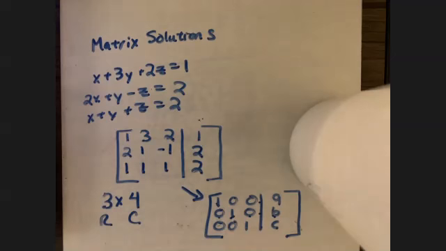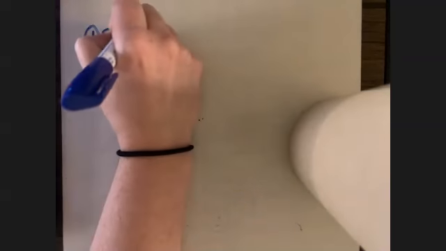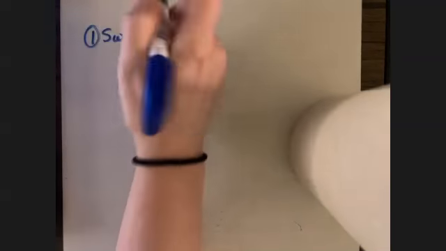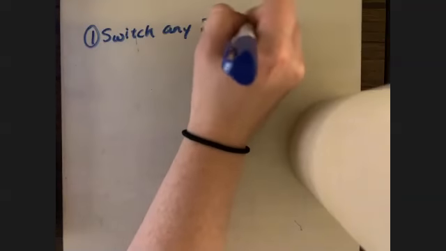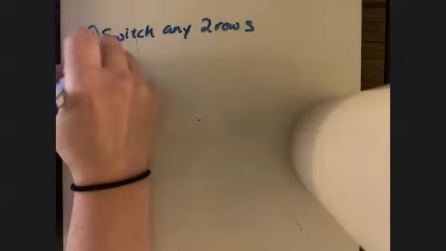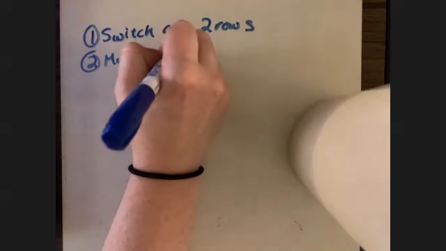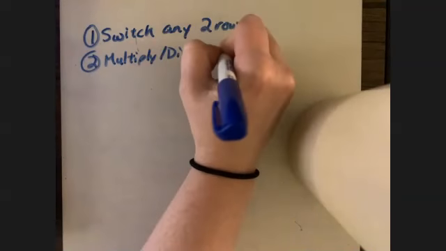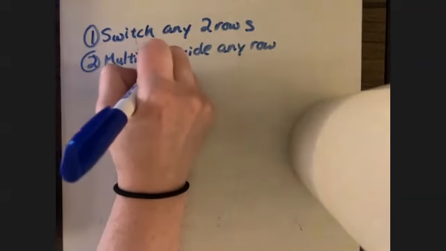Well, what we do is there are 3 things that you are allowed to do within a matrix. So first option is you can switch any 2 rows. Okay, so any 2 rows that you want to switch. Second one is you can multiply or divide any row by a non-zero number.